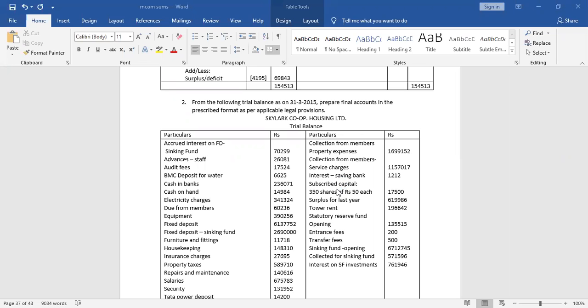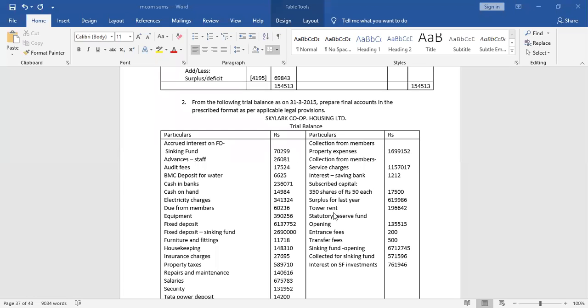Then we have subscribed capital. Subscribed capital will come under the head share capital, 350 shares of 50 each. Then we have surplus for last year. ये income and expenditure account में, under income and expenditure account, this will come under the surplus for last year.